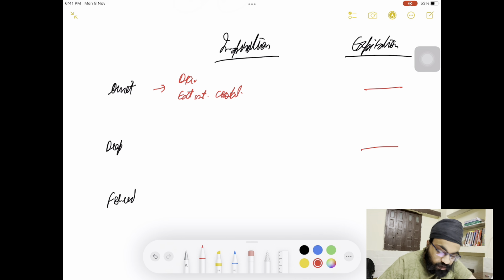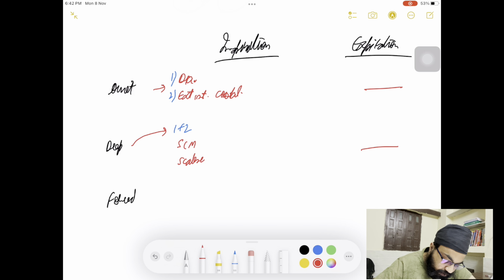How are they working? We'll talk about it in detail. In deep inspiration, apart from these two, others will be present, so I would rather write 1 plus 2. Along with that, you will have sternocleidomastoid, scalene, and serratus posterior superior.